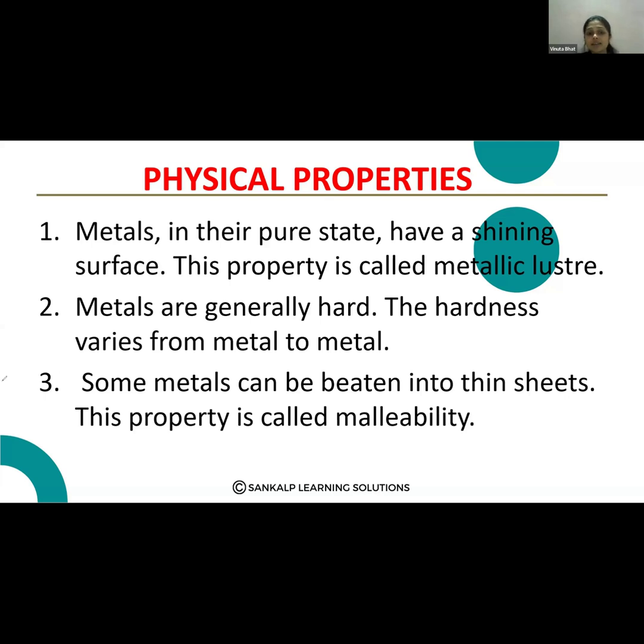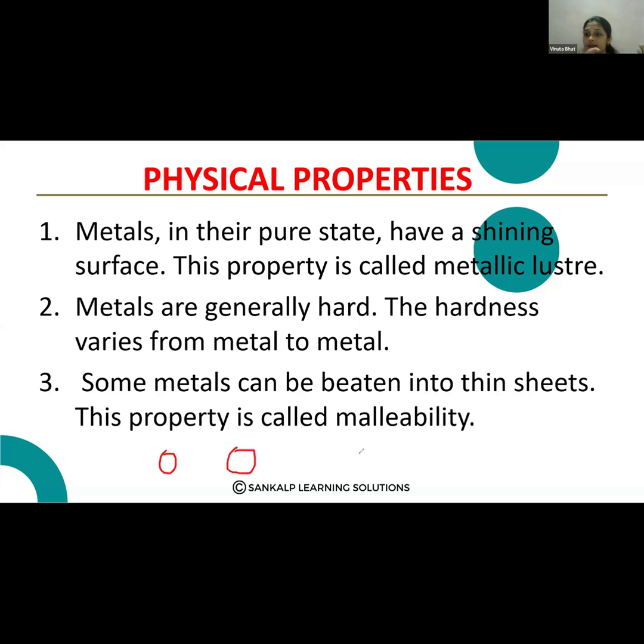And the third property: some metals can be beaten into thin sheets. This property is called malleability. So there is an activity given. What is that activity? Just take a hammer and beat some metals with that hammer.